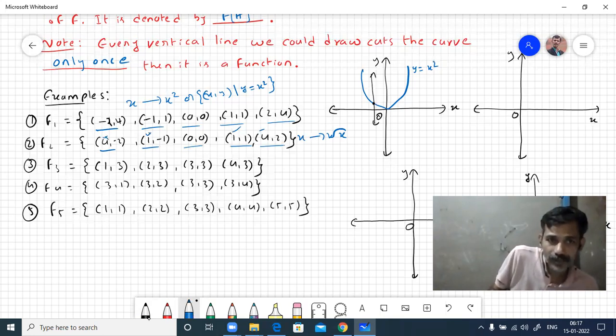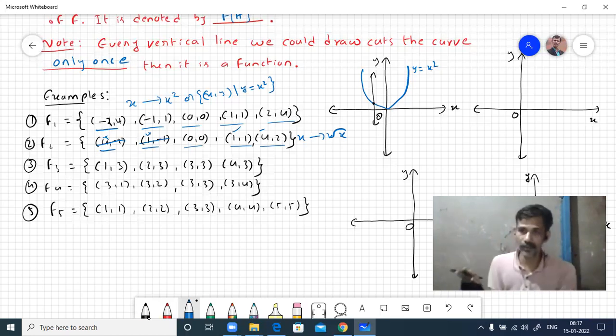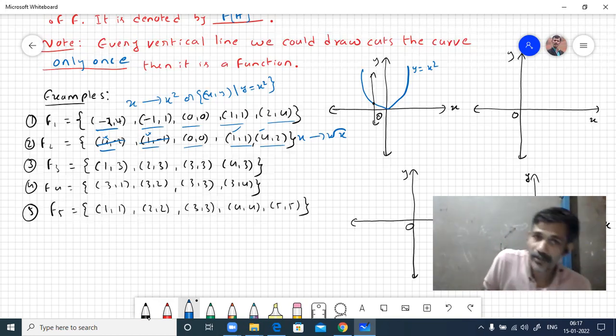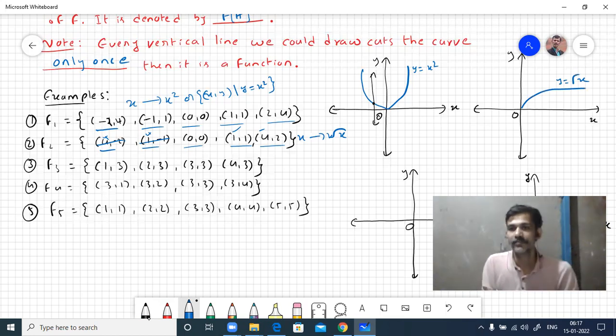If you remove these ordered pairs, then it is a function. In the range we cannot have negative numbers, because the square root of negative numbers does not exist. Then we get y equal to root x as a function.